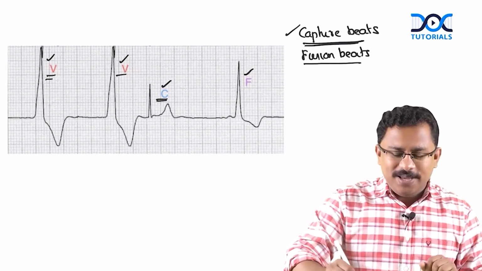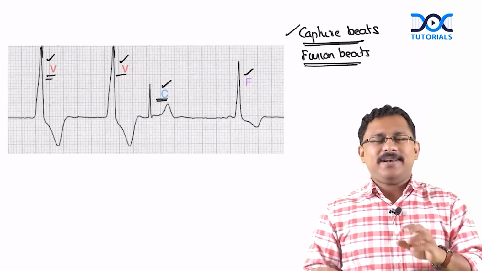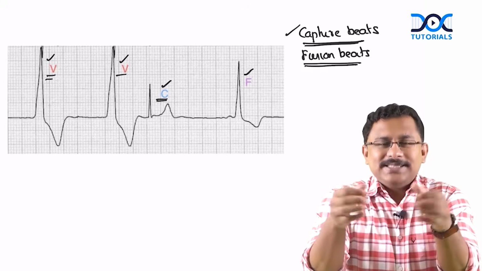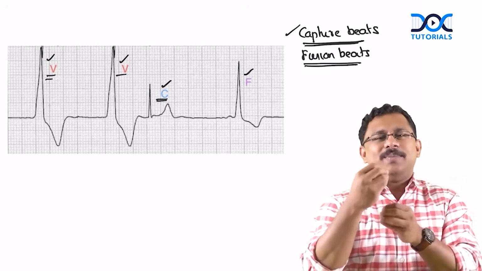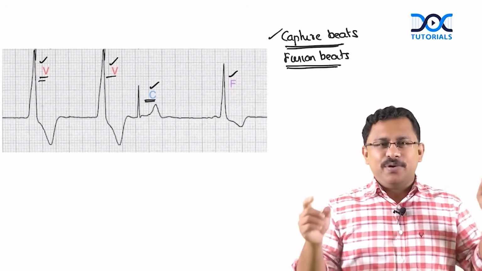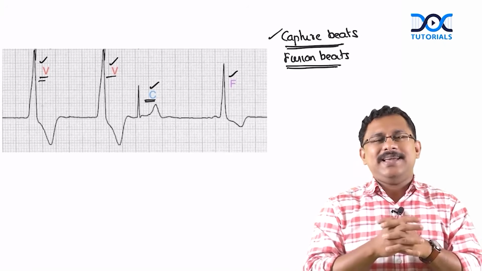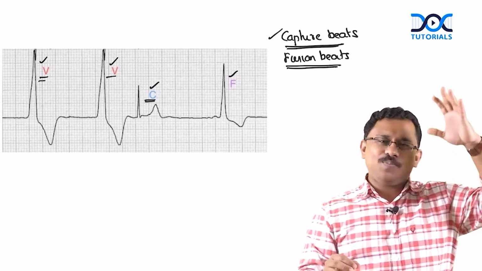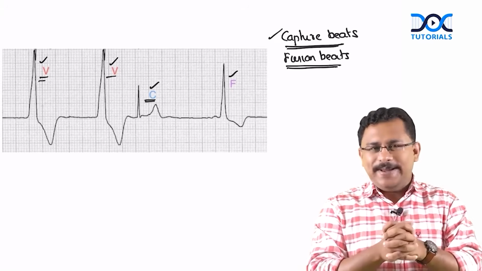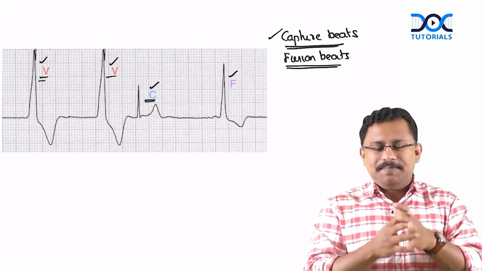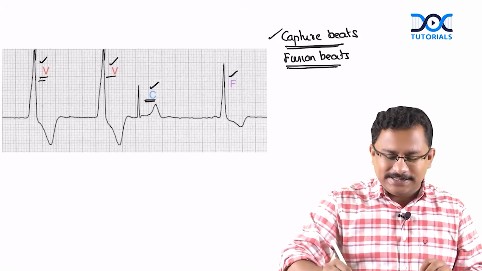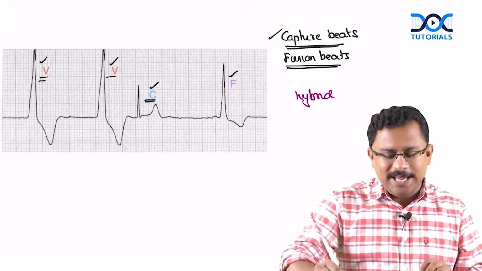Now what does a fusion beat mean? In case of an idioventricular rhythm, you have the ventricular conducting system, the Purkinje fibers or maybe the bundle branches being the pacemaker. But sometimes there can be a fusion, simultaneously an impulse from the supraventricular region as well as the ventricular region. Together they are acting as pacemaker and together they are depolarizing. That will result in a hybrid complex.